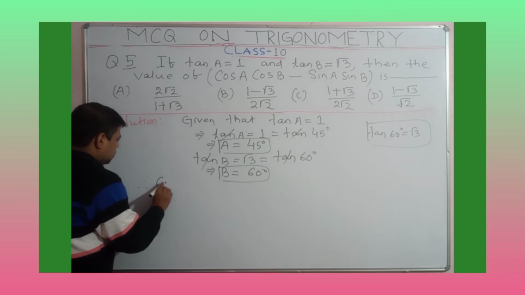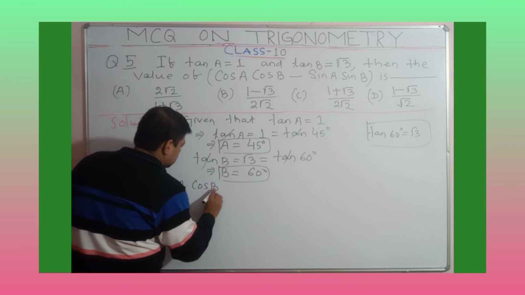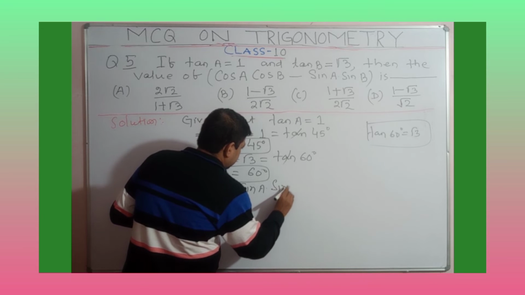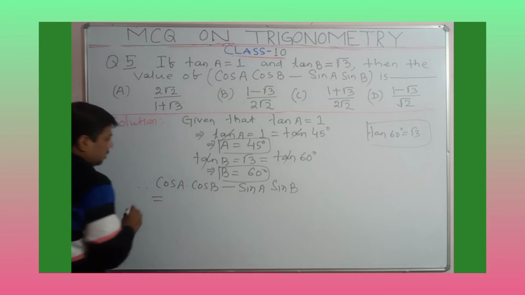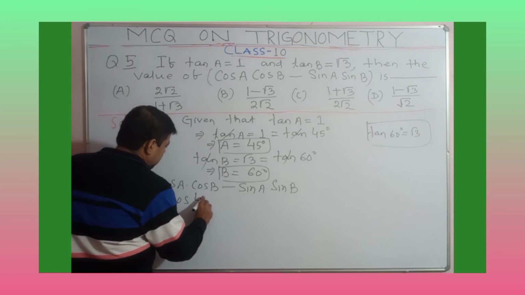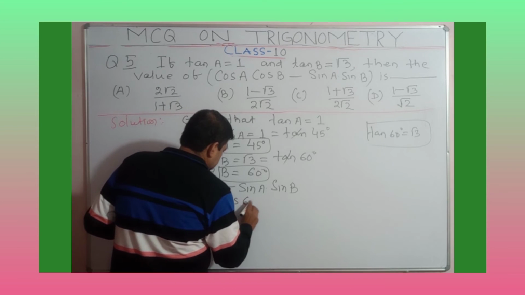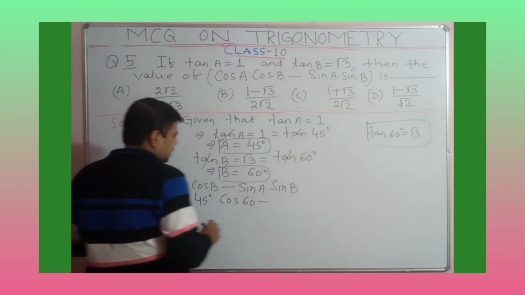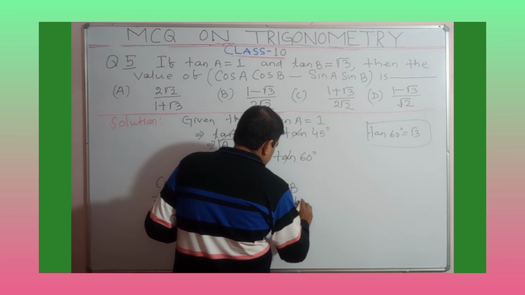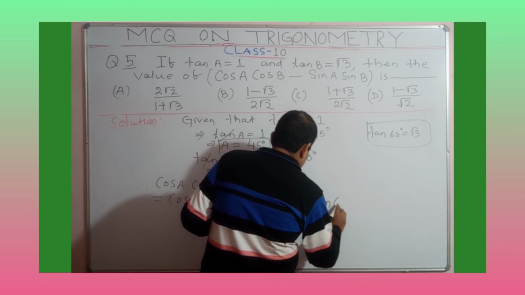Now the required expression is cos A into cos B minus sin A into sin B, which you have to find out. Here cos A, the value of A is 45 degree, use the value in place of A, into cos B, the value of B is 60 degree, so in place of B write 60 degree. Sin A means sin 45 degree, then sin B means sin 60 degree.